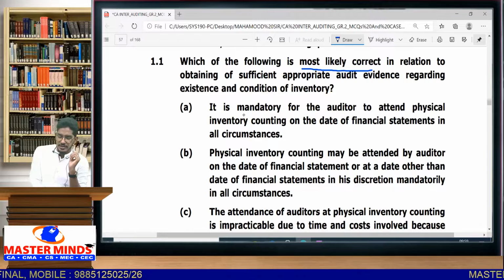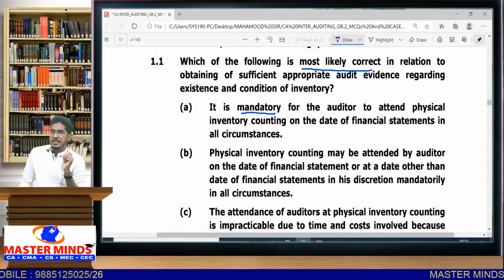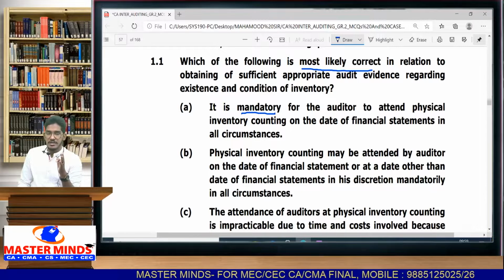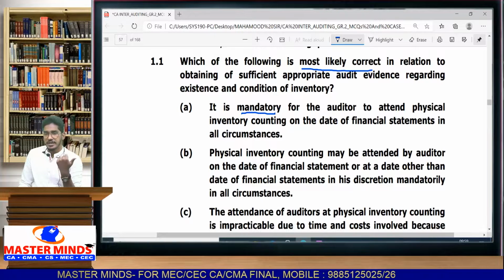So is it mandatory? No. Generally SA 501 says try to attend whenever the management is counting inventory on the balance sheet date. Sometimes it may not be possible for you to attend, then the standard tells alternative procedures also. If the inventory counting is carried out at the balance sheet date, try to attend.